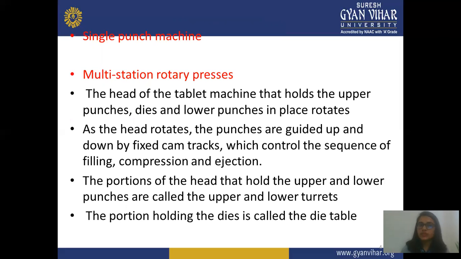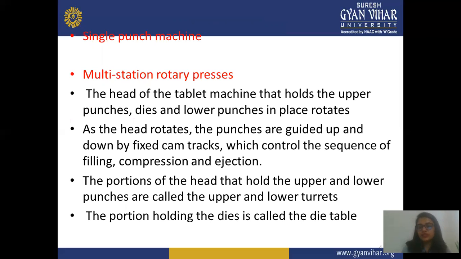First is the single punch machine, and second is the multi-stationary or rotary process. This single punch machine was used from the starting, when machines were discovered, maybe long years ago.